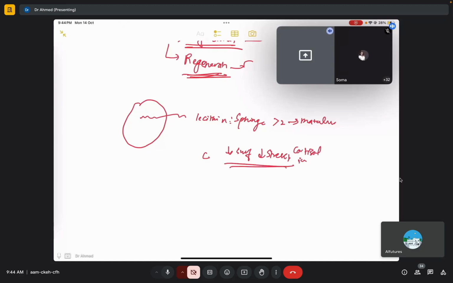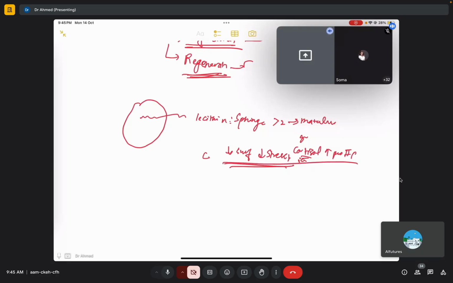Whenever a lady has a vaginal delivery, she's under great stress, and you know cortisol is one of your stress hormones. So cortisol, or the glucocorticoids, basically increases the proliferation of type 2 pneumocytes, which helps in the formation of surfactants.